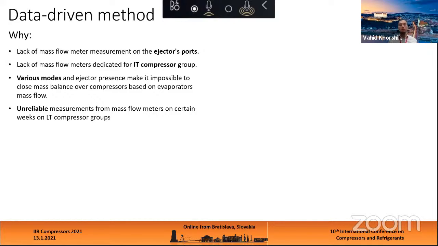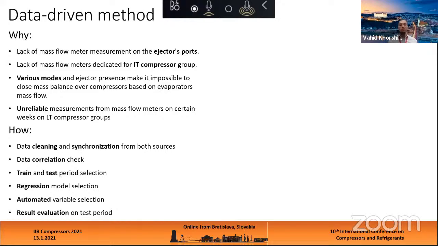That's one issue. We didn't have mass flow through the IT compressors, and we had various operational modes for which we were missing the information for ejectors because of that certain operation. These were mostly the reasons behind why we used data-driven.